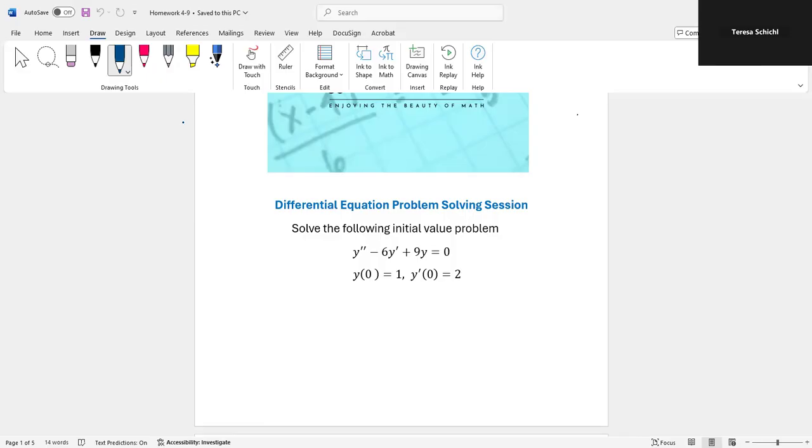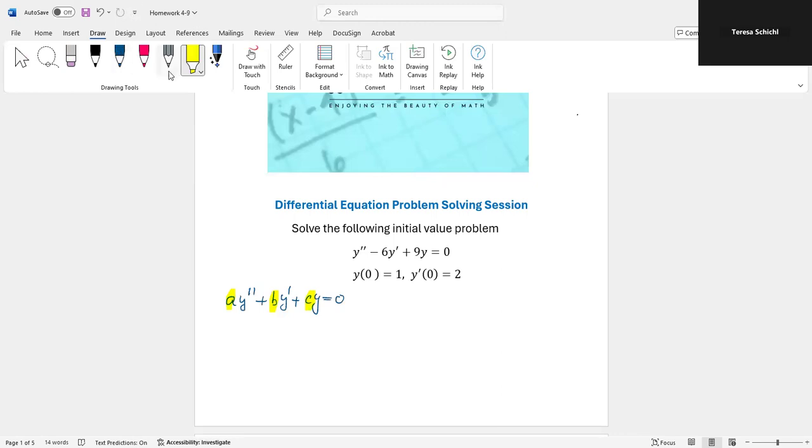So in general, if this is ay double prime plus by prime plus cy equal to 0, all the numbers in front of it are constants here, right?